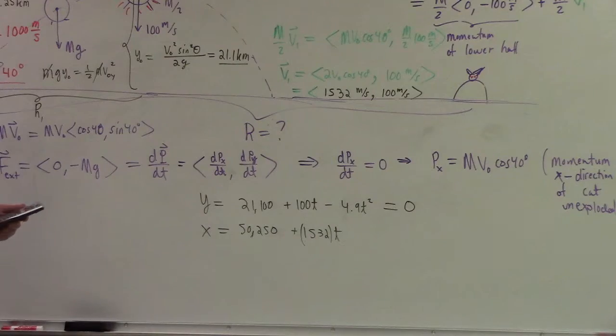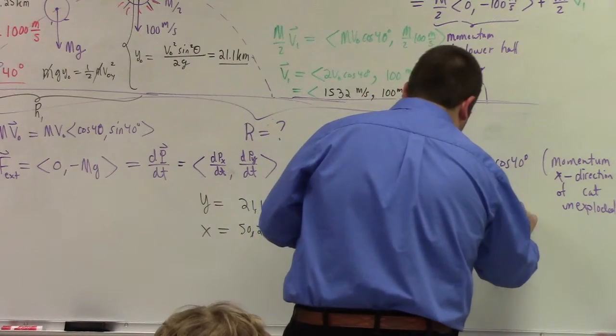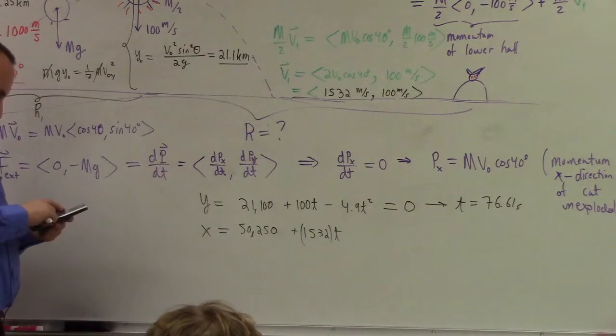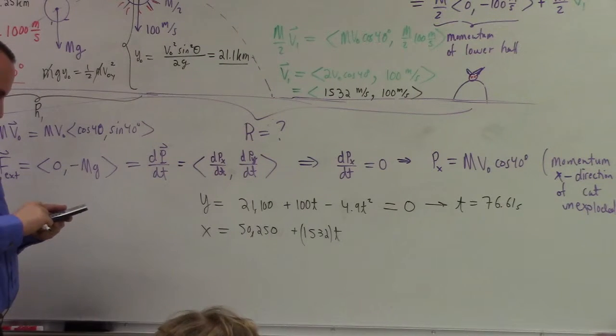There we go. So, quadratic. My A is minus 4.9. My B is 100. My C is 21,100. I get a time of 76.61 seconds. And so if I multiply that, let me out, I'm stuck in the equation solver.